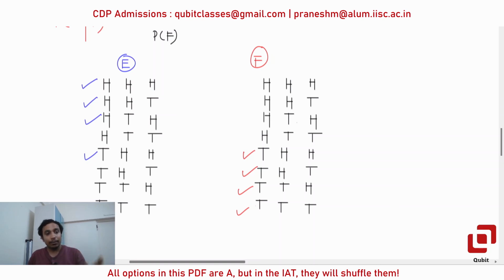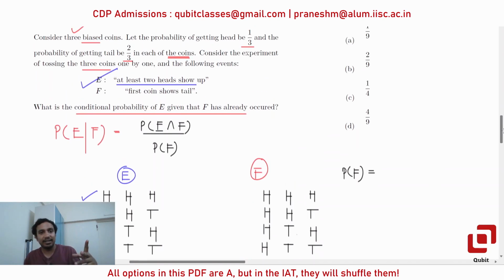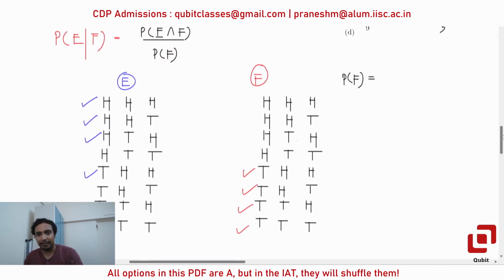Because these basically are sample events, we can add their probabilities to calculate the probability of F. So what is the probability of F? Now please pay attention, this part is important. Look here. Firstly, we have got T, H, H. All these events are independent, like getting a T on the first, getting head on second, right? H is probability 1 upon 3, tails probability is 2 by 3. So we can just multiply.